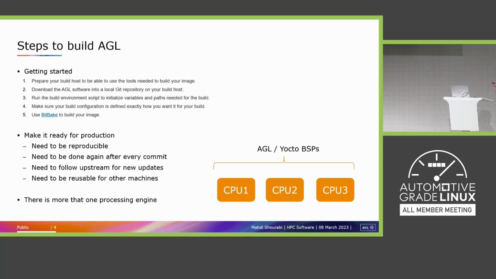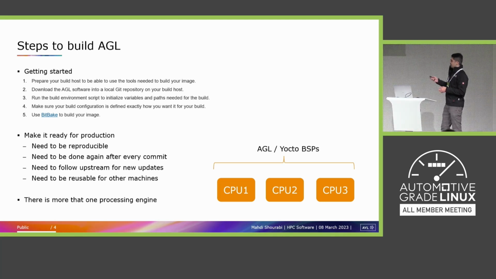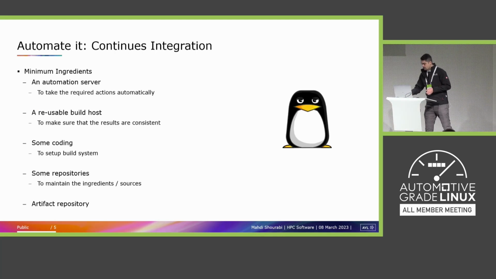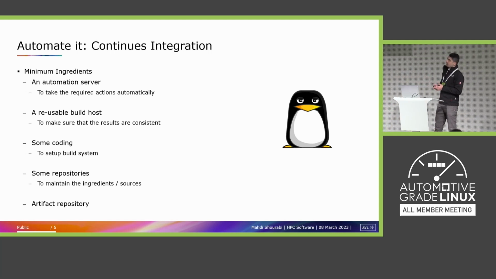So we need more than that. If we want to go very fast through the solution for this, we need to do it continuously. As the name implies, we need to be able to continuously integrate our new code and software to make it ready for production.